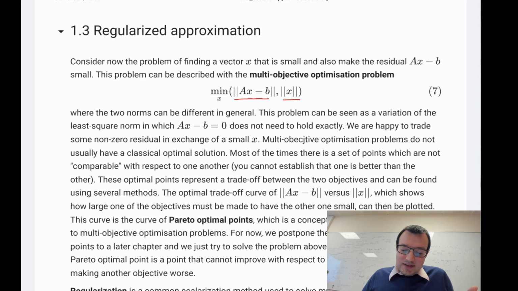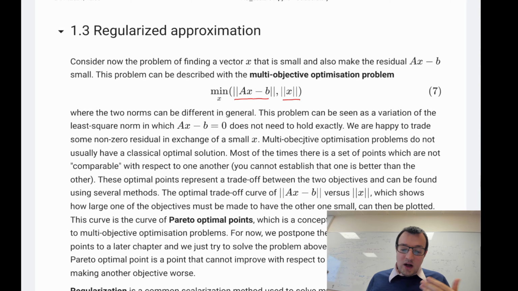So this problem is obviously a variation of the least norm problem, okay? What is the difference between the least norm problem and this problem that we have here? Well, the main difference is that before we needed to satisfy the constraints exactly. We really needed that the residual Ax minus b is 0.